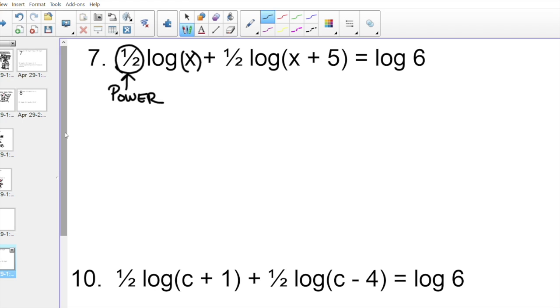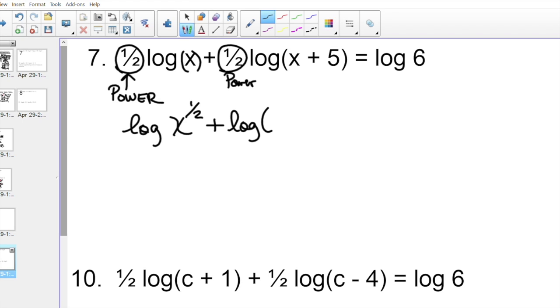So what you would do here is to rewrite log of x to the 1/2 power, plus, since we have another 1/2, that's the power of what follows. So that would be the log of x plus 5 to the 1/2 power.